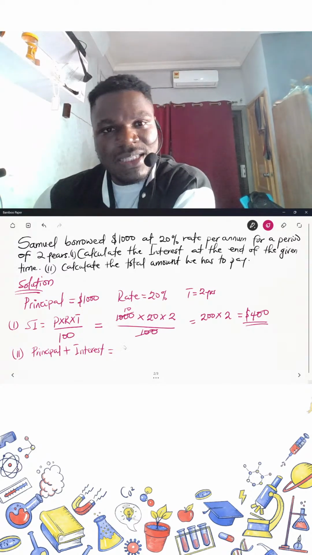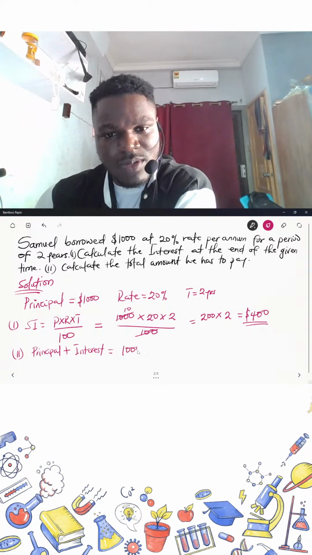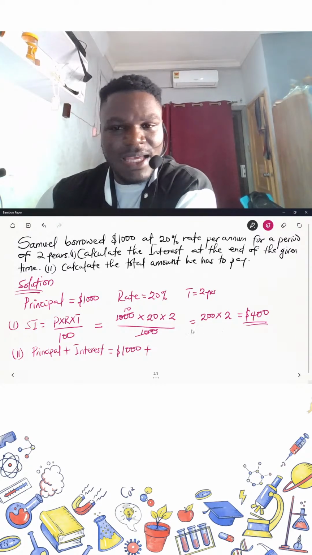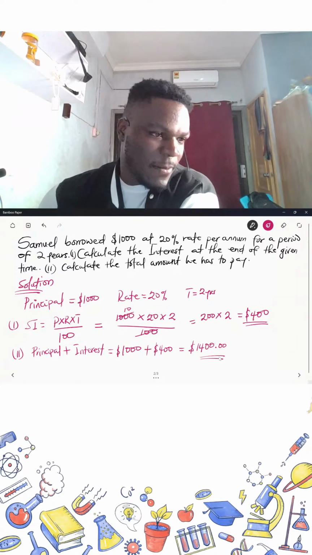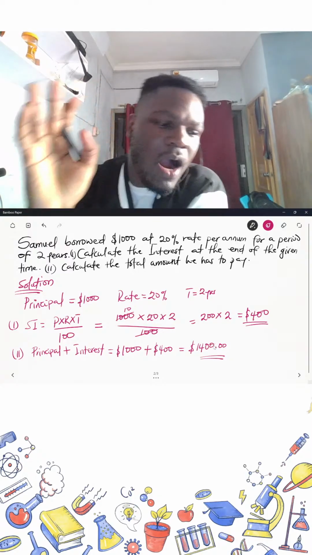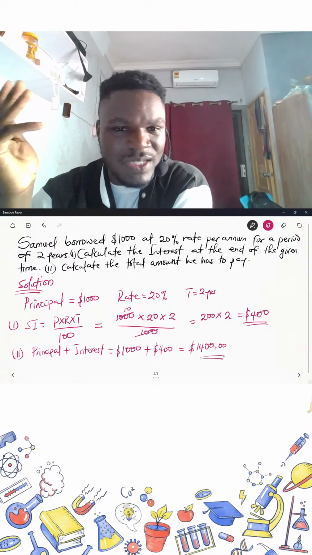So this is the principal, which is $1,000, plus the interest, which is $400. And so at the end of the 2-year period, I'm going to pay $1,400 to the bank. And this is how we calculate simple interest.